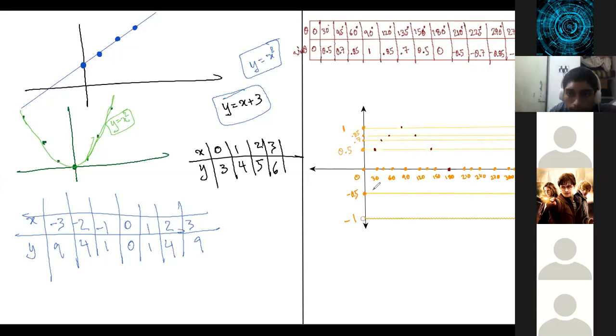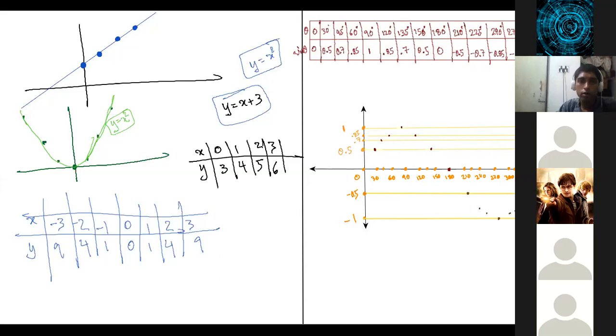Okay, now this will be 210 degrees, you have minus 1. 240 you have, in between we have 0.7, 0.7, 0.85. 270 you have minus 300, it becomes 0.8, 350, 330, again it becomes, yeah.